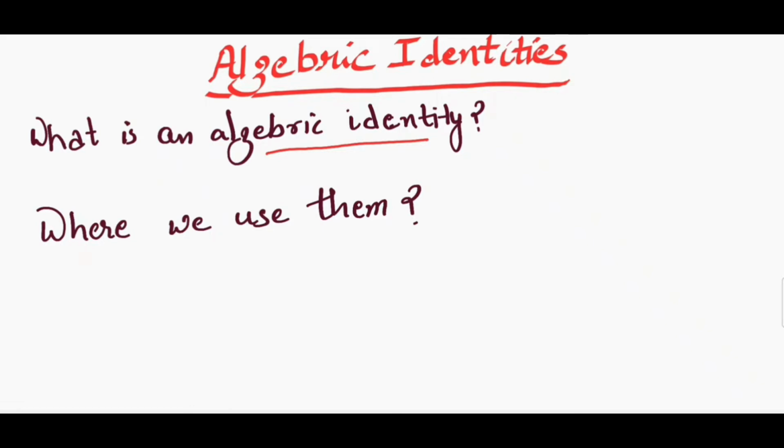An algebraic identity is an algebraic equation, meaning we have a left hand side as well as a right hand side, that is true for all values of the variables occurring in it.